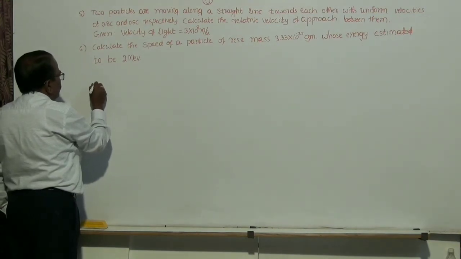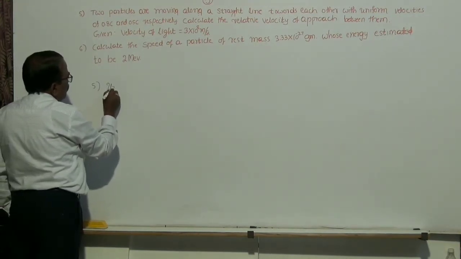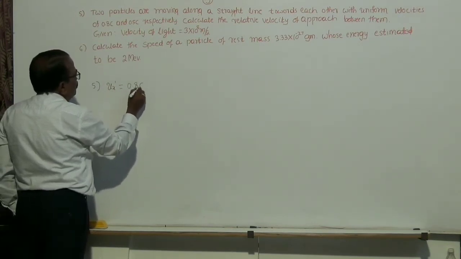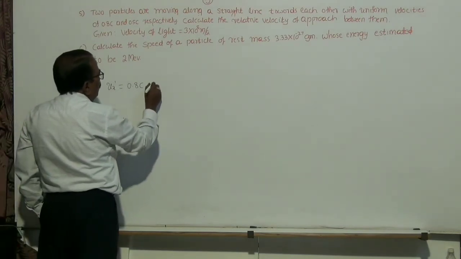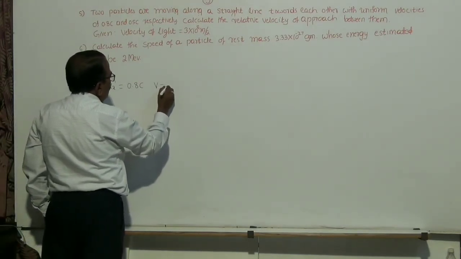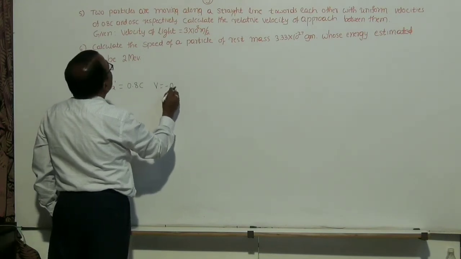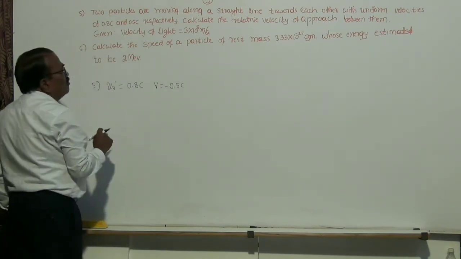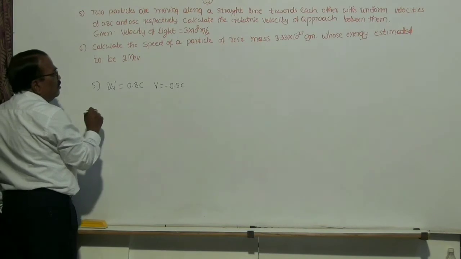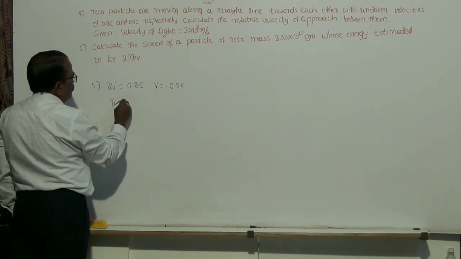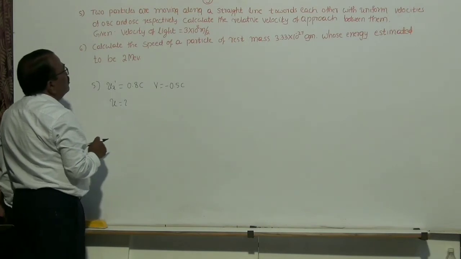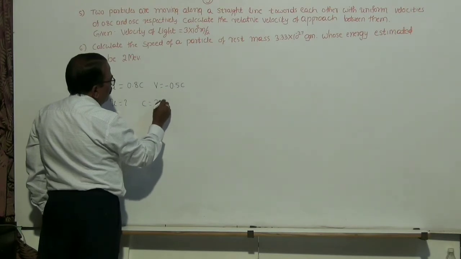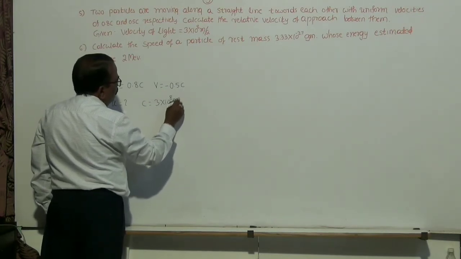Means ux dash is 0.8 c and v is minus of 0.5 c. Calculate relative velocity of approach. That means u is asked. Between them, given velocity of the light is c is equal to 3 into 10⁸ meter per second.